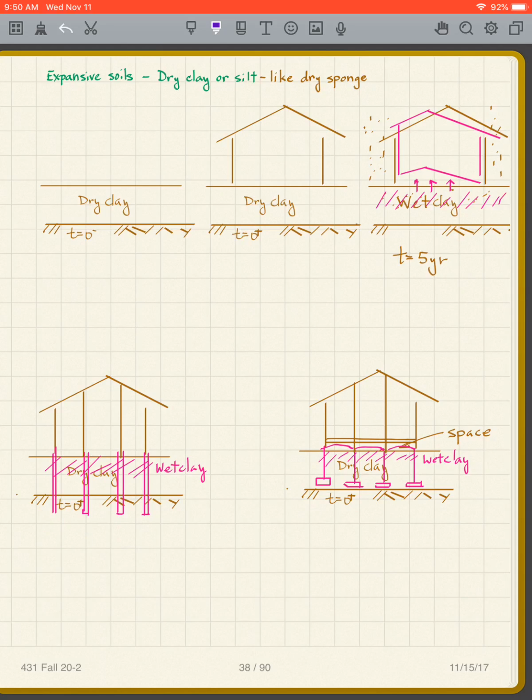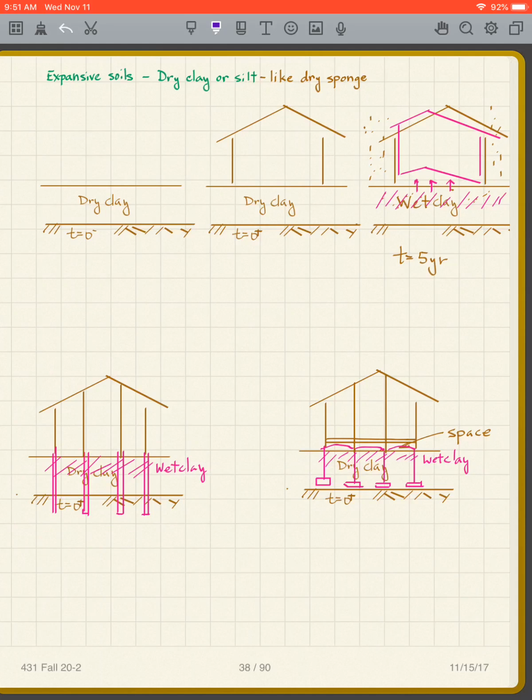You put your grouted rebar in there, and you can create an anchor here. So, it works just as well as this if you get it in deep enough. So this is a common situation. You put in your crawl space, and this is a common solution to these problems.